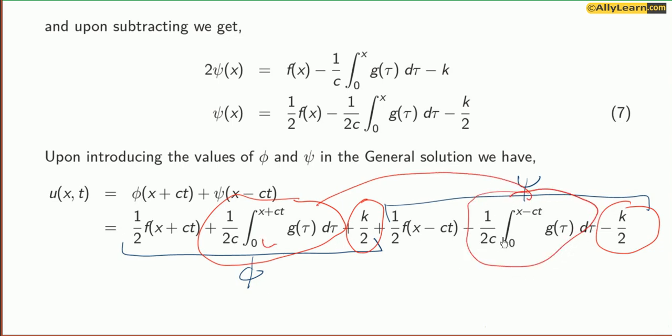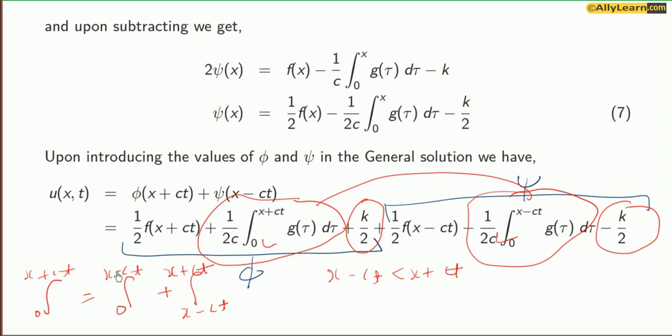For clubbing these integrals, we will be just making use of the fact that x minus ct is always less than x plus ct. So integration from 0 to x plus ct can be written as integration from 0 to x minus ct plus integration from x minus ct to x plus ct.